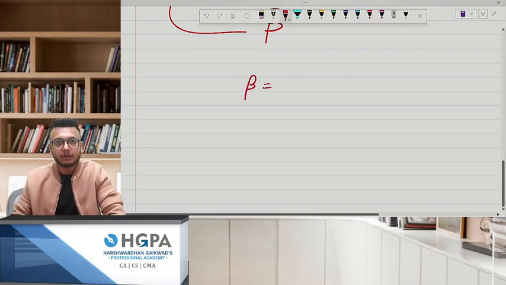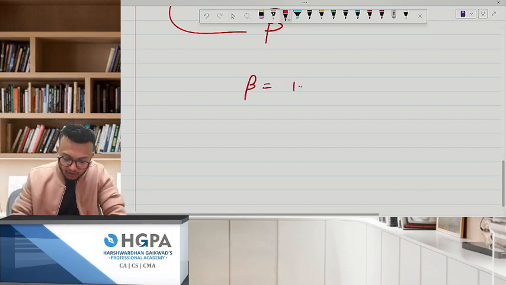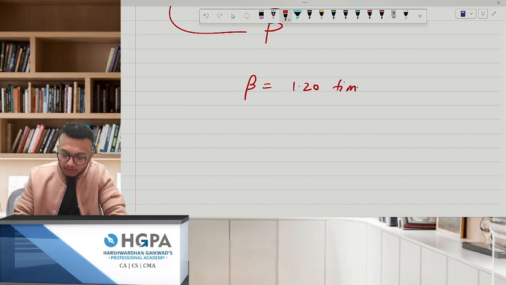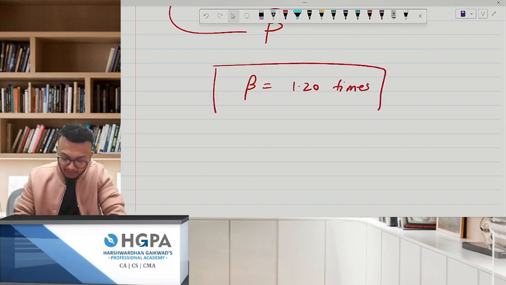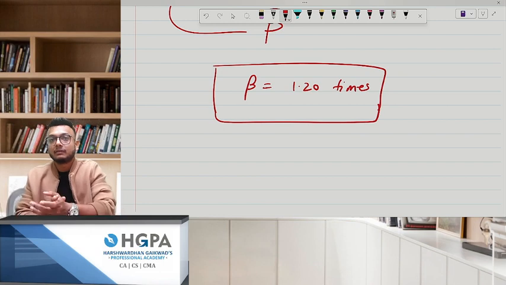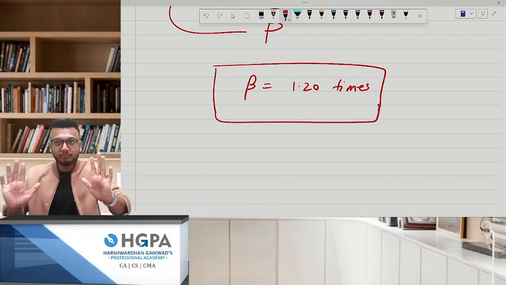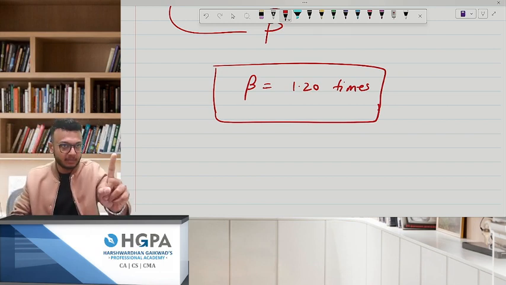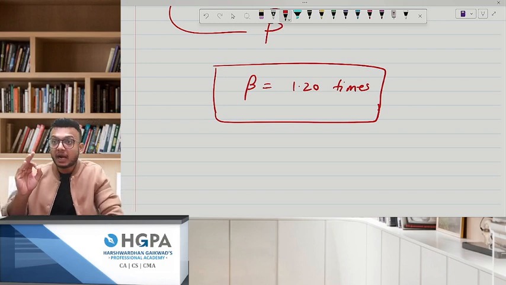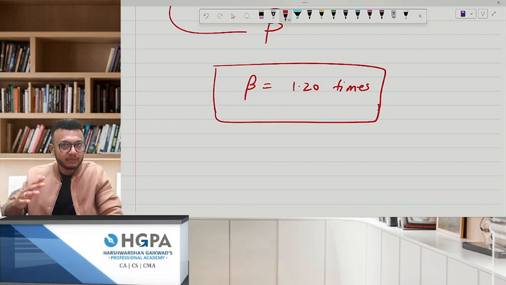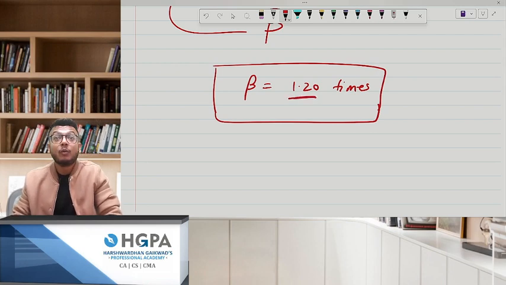Now, for example, if you compute the formula and if beta comes to 1.20 times, what do you mean by this? Pay attention. If the market goes up by 1% or down by 1%, anyhow, if the market moves by 1 percent, up or down, your portfolio is going to move by 1.20 times, upward or downward.